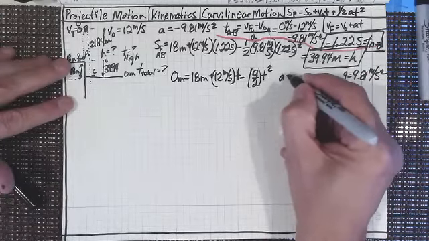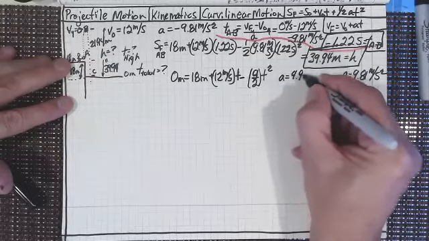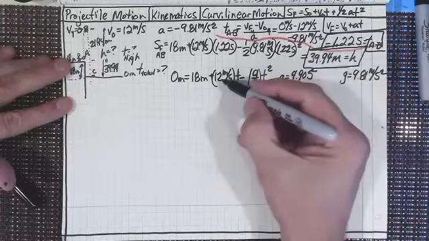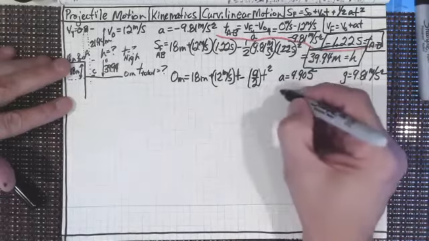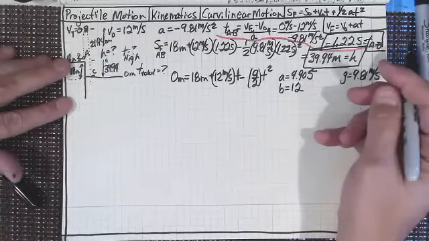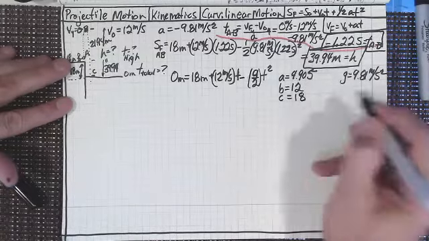So for A, I've got g divided by 2, or 4.905, right? For B, I have 12. For C, I have 18.